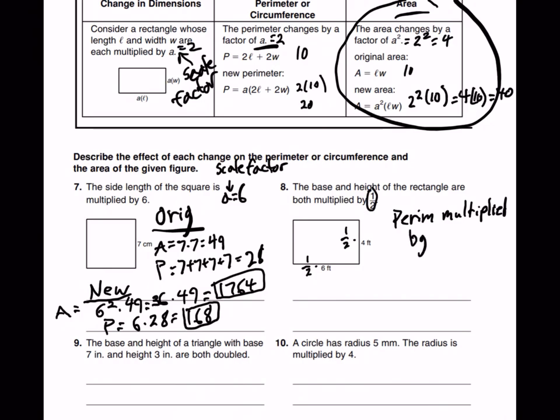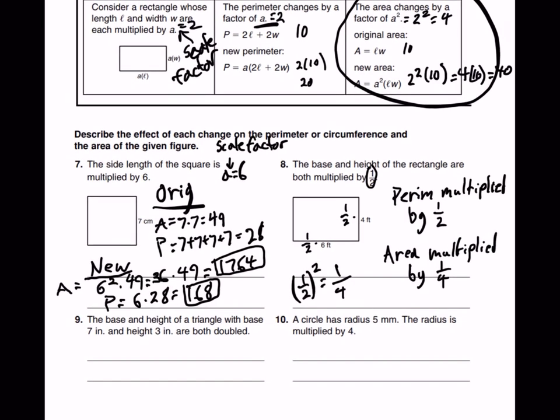My scale factor is 1/2, so we're multiplying by 1/2. The area will be multiplied by whatever my scale factor squared is. So 1/2 squared is 1/2 times 1/2, which gives me 1/4. So area is multiplied by 1/4. Okay, and those are my effects.